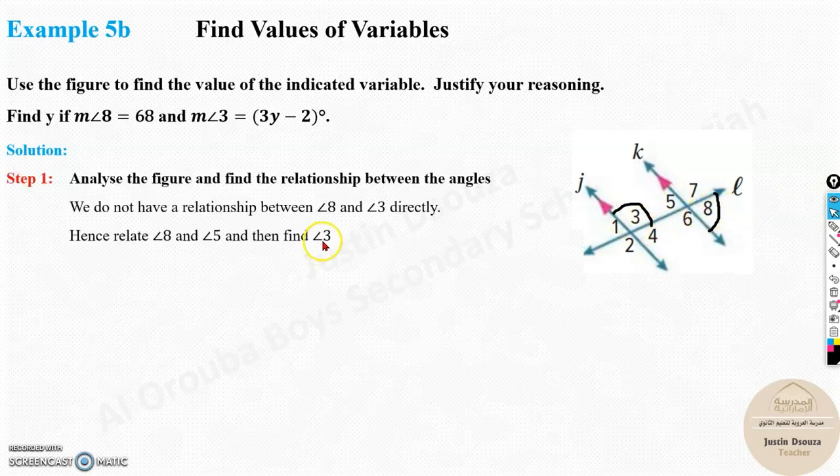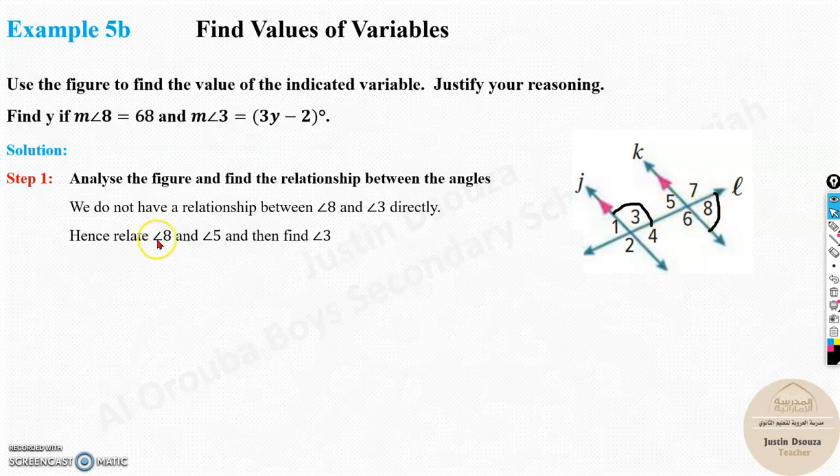Don't worry about that. You can relate with angle 5, or you can relate with something else. Because 3 and 6 are related, you can relate 3 and 5. So what you do is relate 8 with 6 or 5.